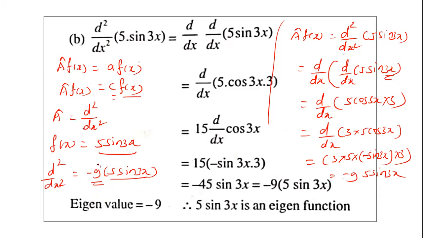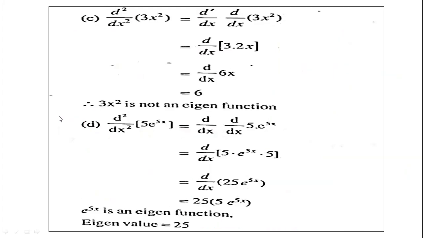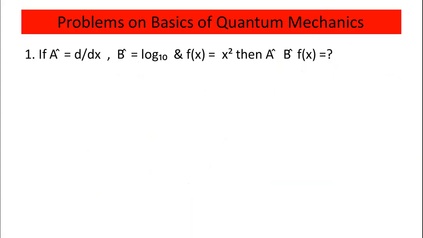So the eigenvalue of the operator d square upon dx square is minus 9, and 5 sine 3x is called an eigenfunction of the operator d square upon dx square. So this is about the eigenvalue and eigenfunction of the operator.